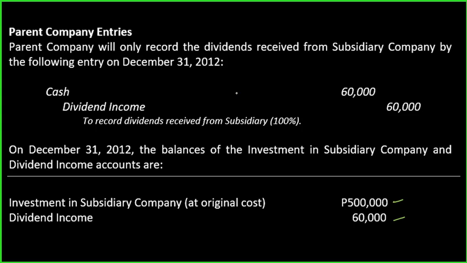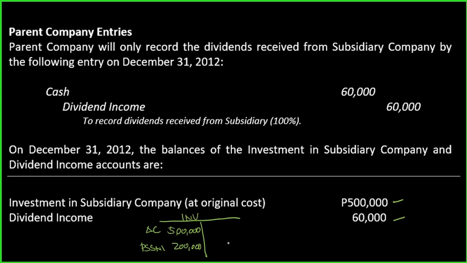Let's start. In year 1, this company was acquired at 500,000 pesos. Also in year 1, the subsidiary declared a net income of 200,000 pesos. Since this is wholly owned, the parent's share in the subsidiary's net income, 100%, will increase the investment account.